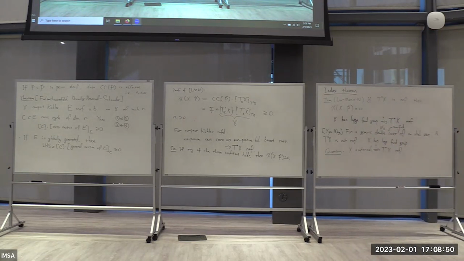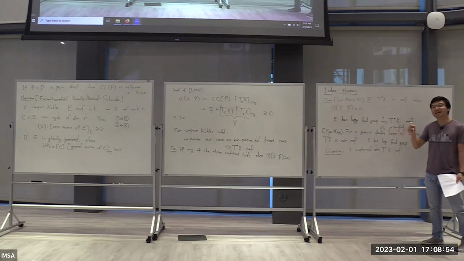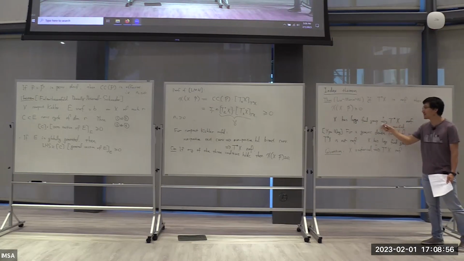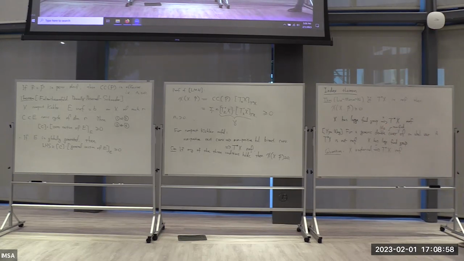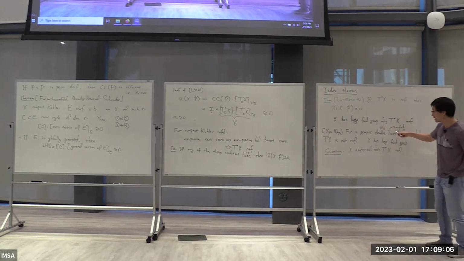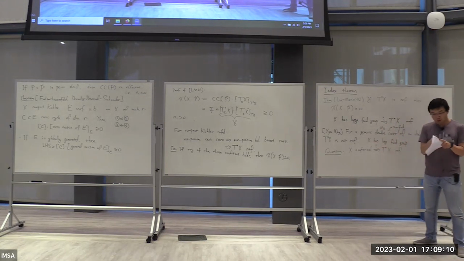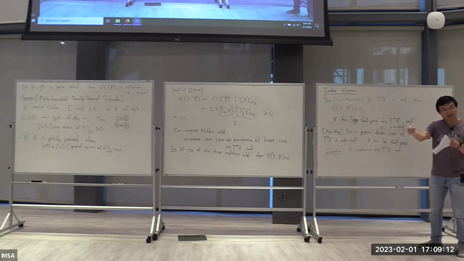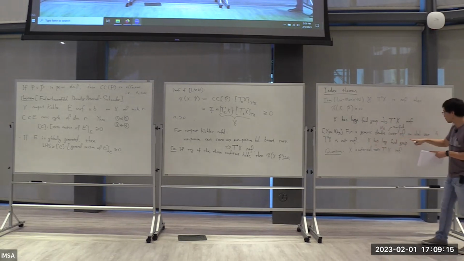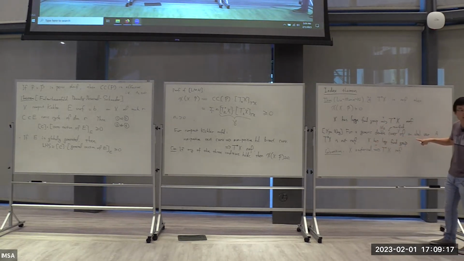Then I don't know. Actually, this is what we have in our table. I just checked before the talk. Why is T star X not nef? So I'm saying, in X you have a curve that maps one-to-one to the ramification locus.